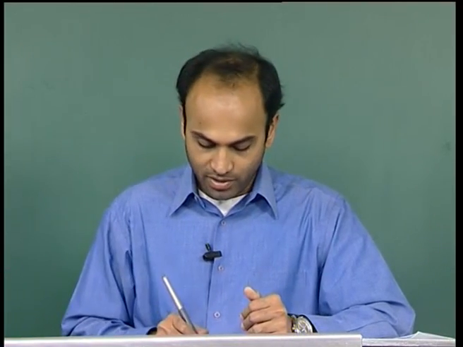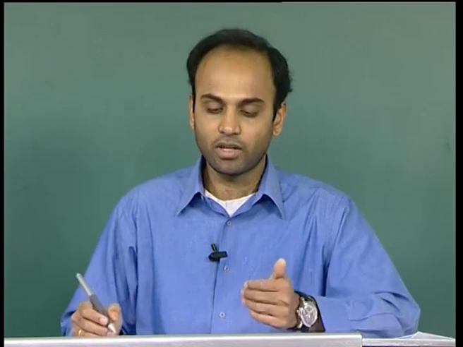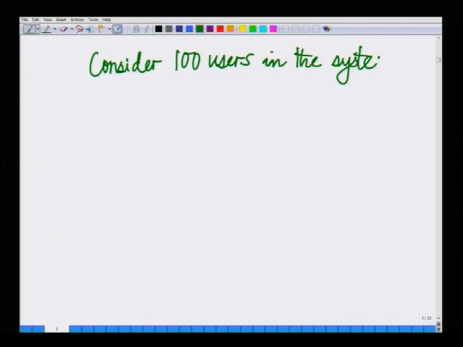For instance, to illustrate this principle, consider there are 100 users in the wireless communication system, which we denote by these points.